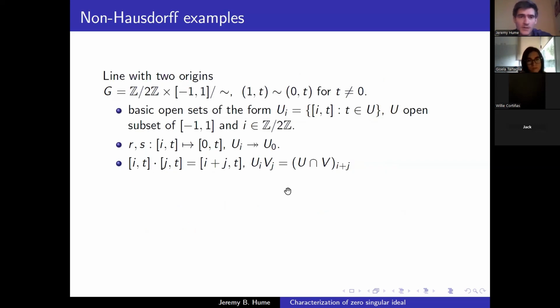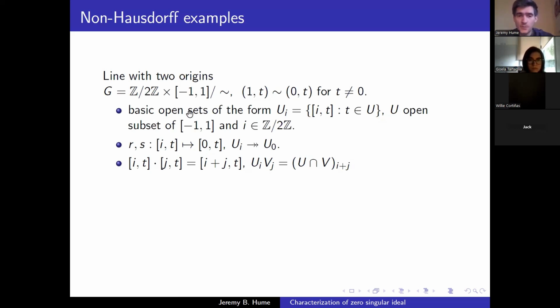The most basic example of a non-Hausdorff étale groupoid is the line with two origins. That's a standard counterexample in topology. You take two lines and glue them everywhere except the origin. Here let's index the two lines by elements of the group Z mod 2Z.